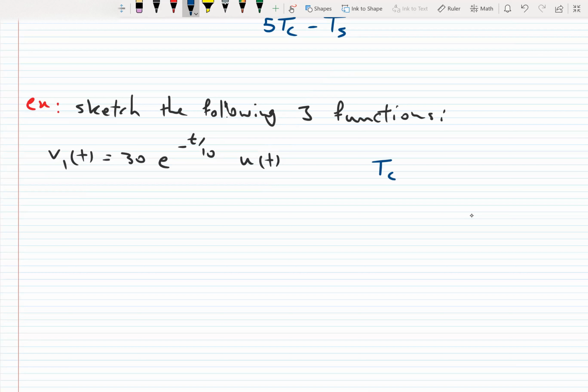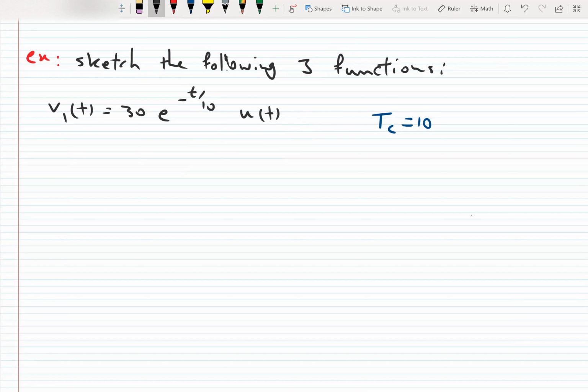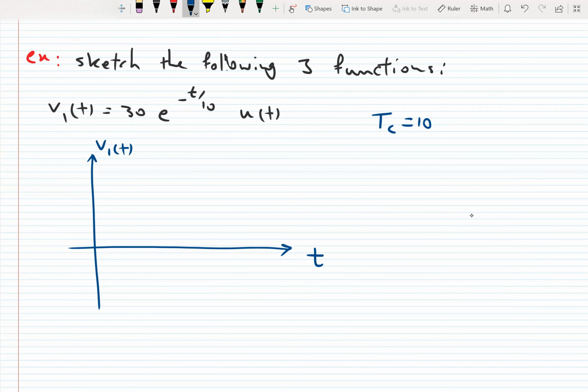So after 5 TC, or 50, we will reach about 0. And if we plot this signal, here is the plot. It's time versus v1 of t.